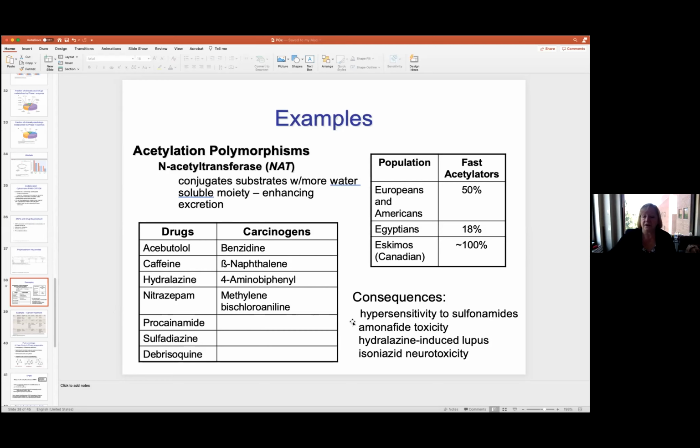You could end up with hydralazine-induced lupus or neurotoxicity, which is even more of an issue. All of these are pretty serious issues. But you can see that if you have a fast acetylator, it depends on the population that you're examining as to the potential percentage of patients that you're going to need to worry about.